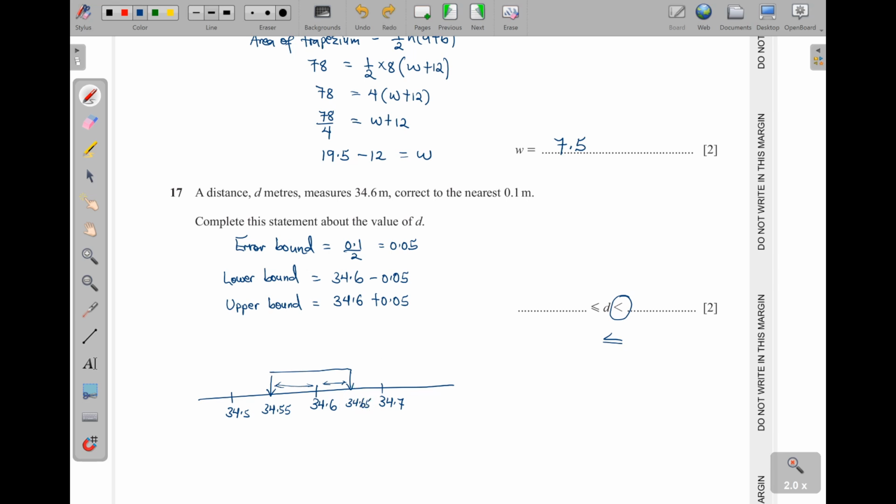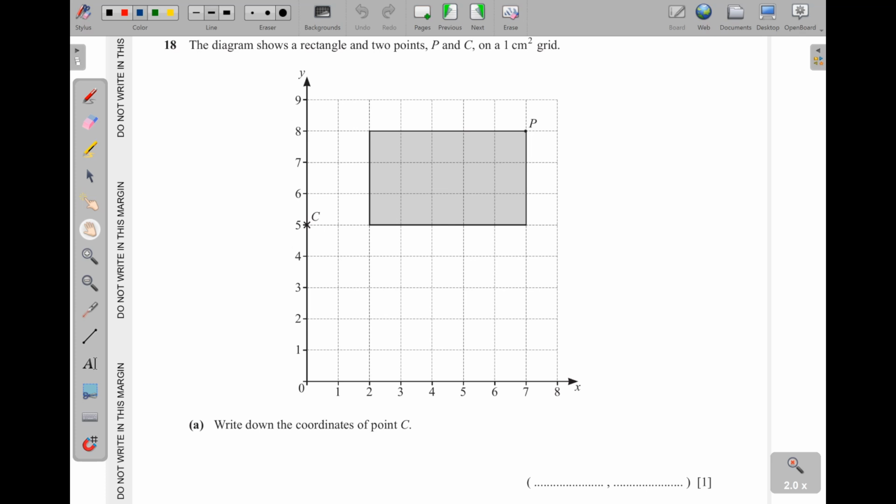So that's why we get this error bound given, then we divide it by 2, because we go halfway this way and we also go halfway this way. You see that? Now this one will give us 34.55, and then this one will give us 34.65.